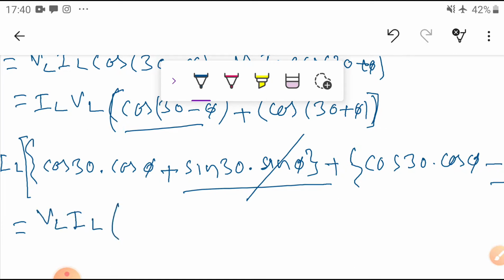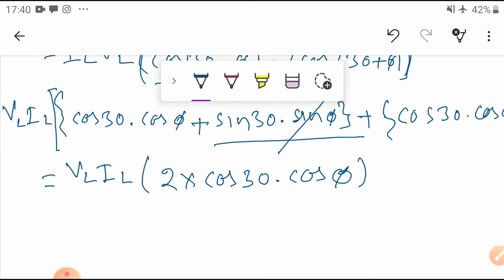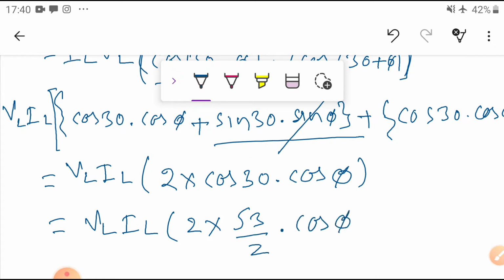Okay, now we are going to get this term and this term only, cos 30 cos 5. So I can write 2 into cos 30 into cos 5. Okay, so now substitute the value. That is equal to VL IL into 2 into cos 30, which is root 3 by 2, into cos 5.